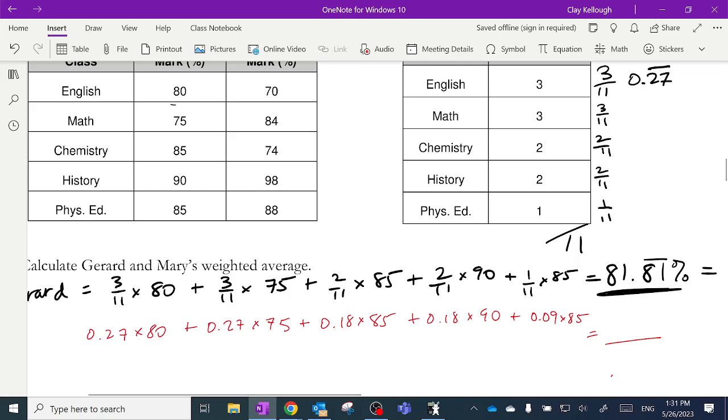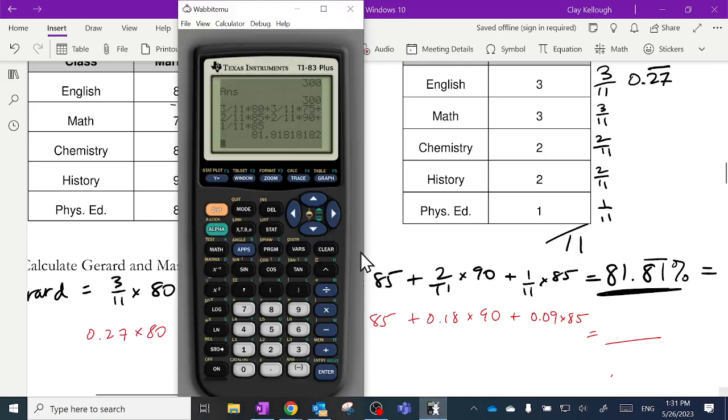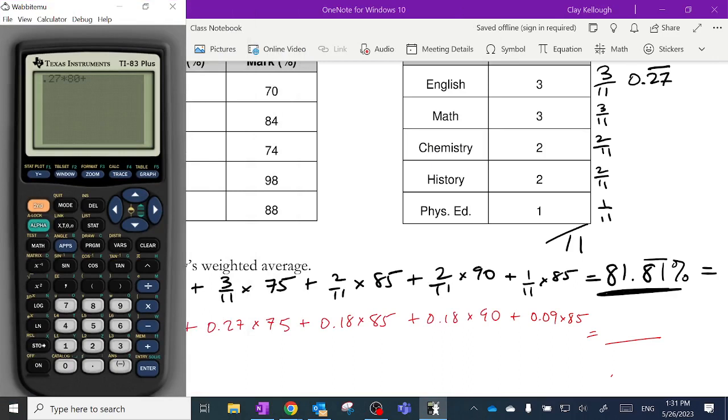If you did just the decimals and rounded them, let's do that really quick. As quick as I can on this calculator anyway. 0.27 times 80 plus 0.27 times 75 plus 0.18 times 85 plus 0.18 times 90 plus 0.09 times 85.